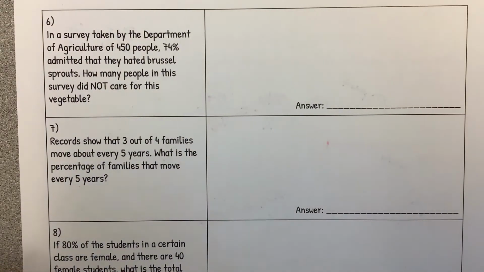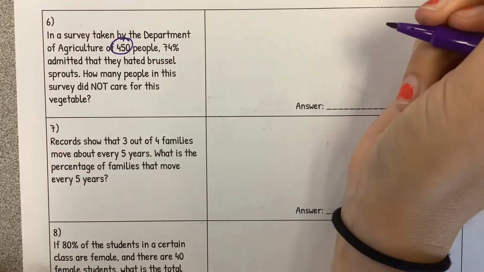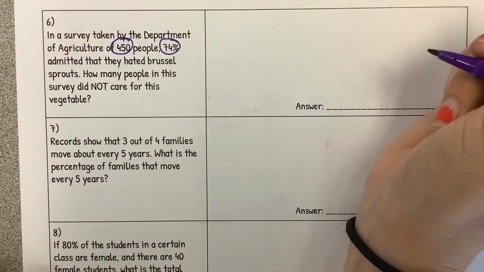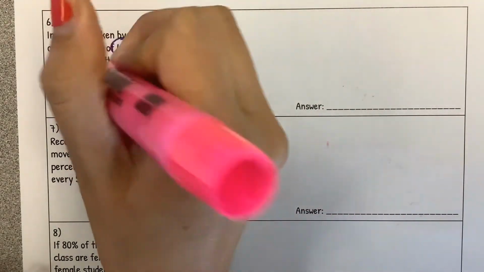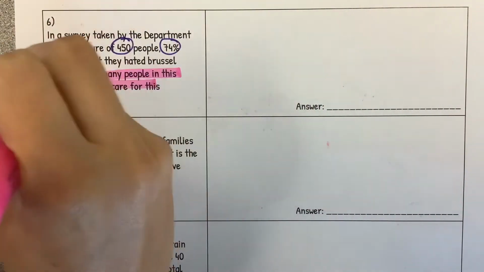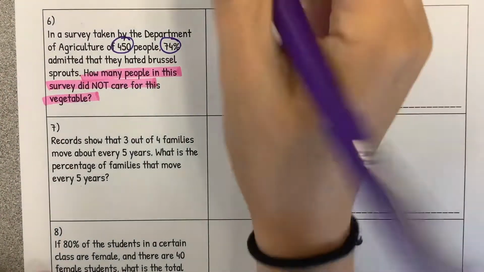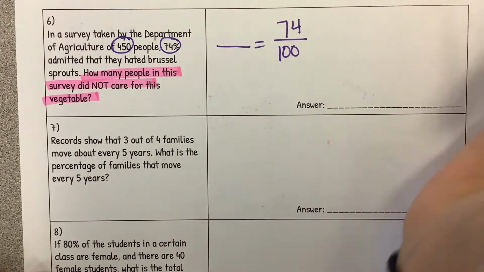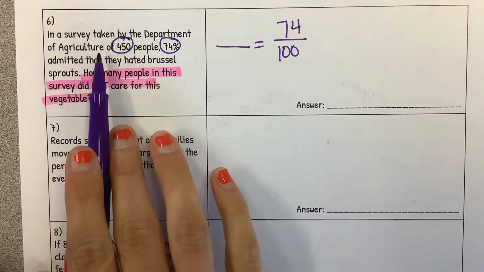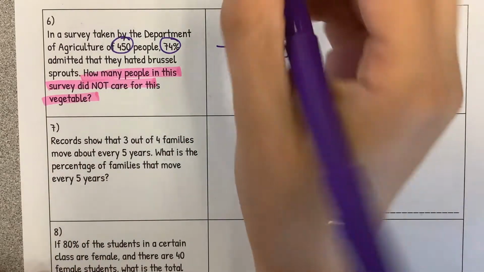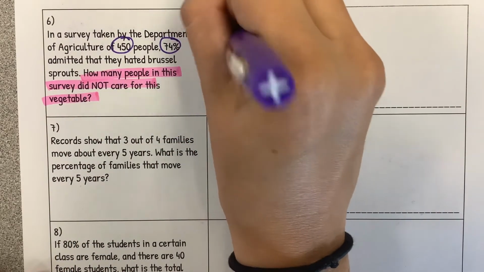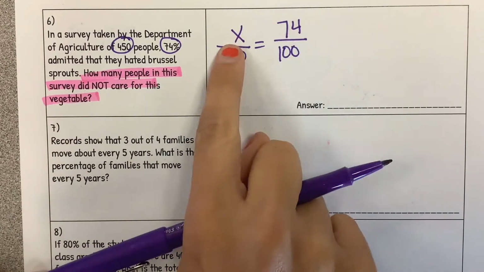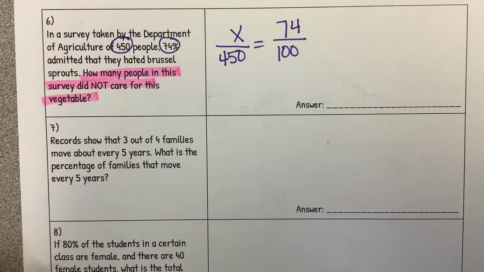All right, in a survey taken by the Department of Agriculture of 450 people, 74% admitted they hated Brussels sprouts. How many people in this survey did not care for the vegetable? So plugging into my percent proportion, I'm going to plug in our percentage right away. The survey of 450 people is our total amount. We want to know how many didn't like the vegetable. How many were those 74%?